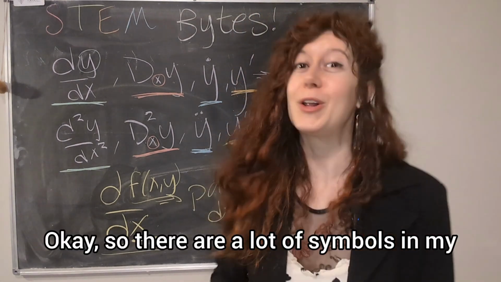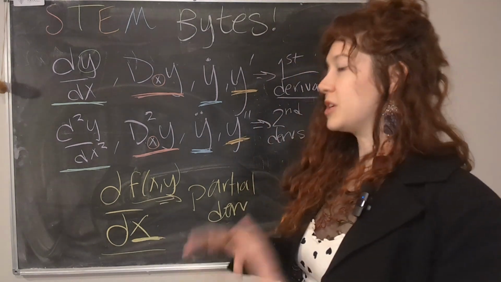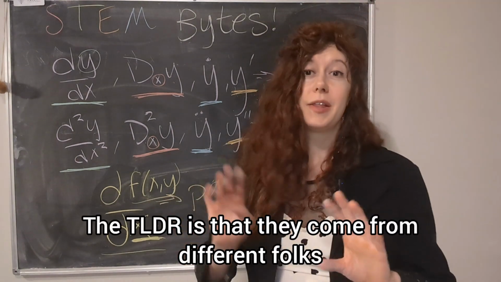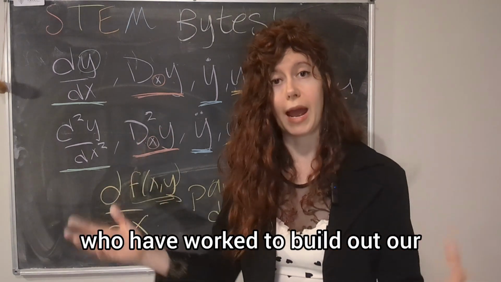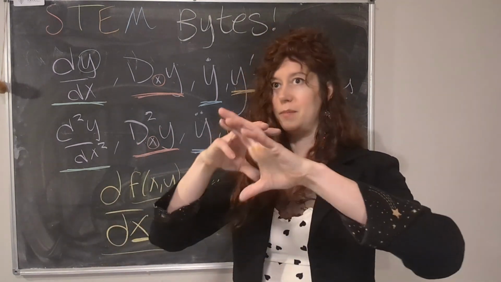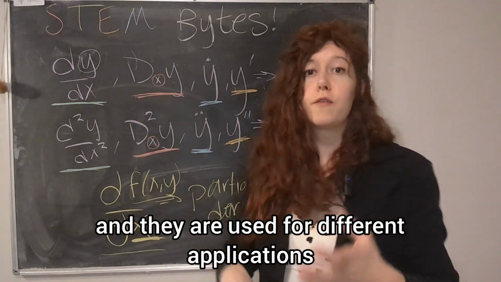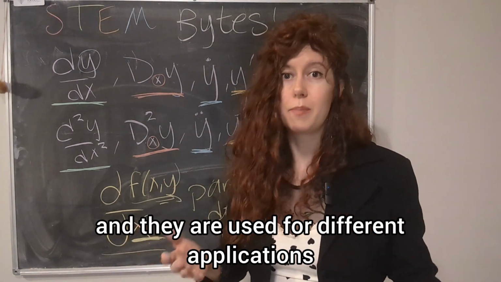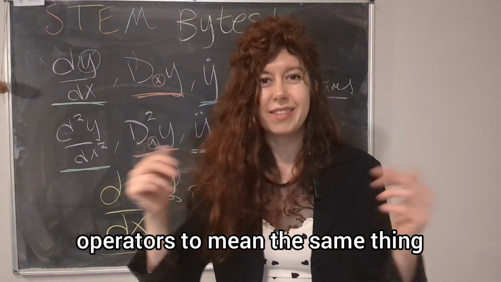Okay, so there are a lot of symbols in my bag of calculus tricks. The TLDR is that they come from different folks who have worked to build out our theory of calculus, and they are used for different applications. But fundamentally, there's lots of different operators to mean the same thing.